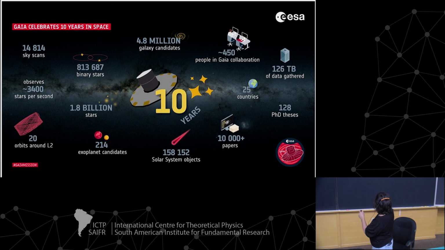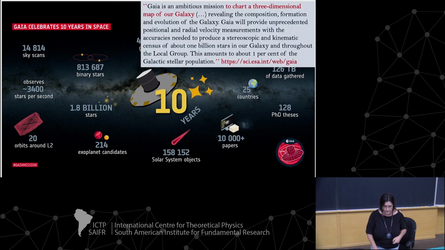But some other interesting things: binary stars, there was a lot. There were black holes discovered, there were planets discovered, so it's really amazing. However, the goal of Gaia is an ambitious mission to chart the three-dimensional map of the Milky Way. That's the main goal. And that's the goal we are going to pursue in this talk here, okay?